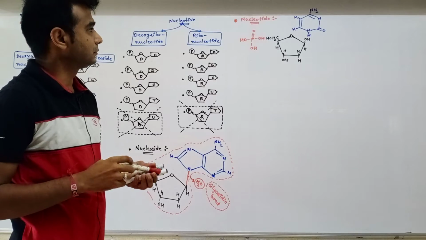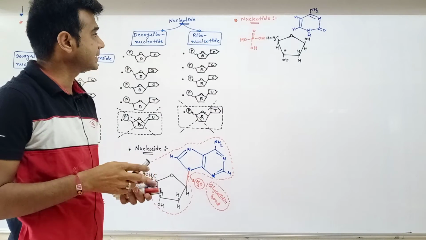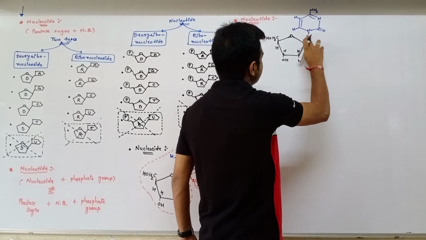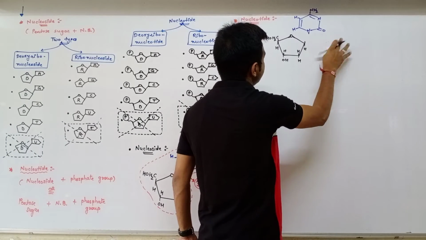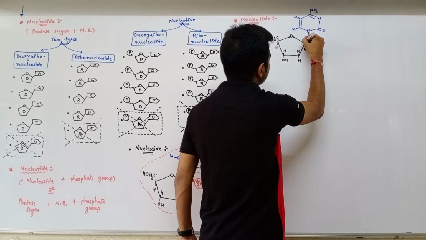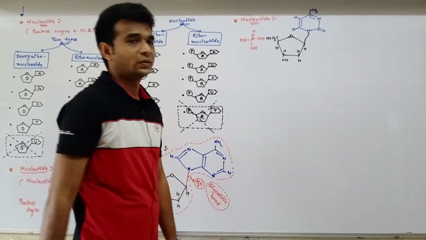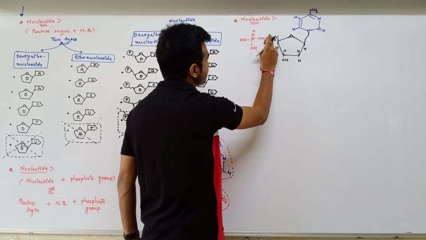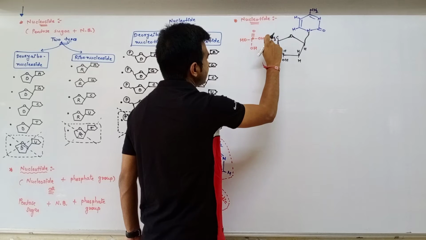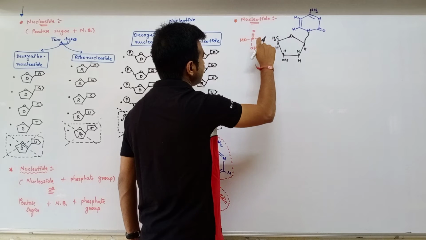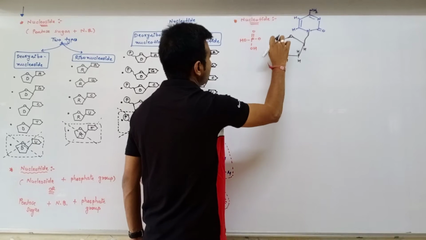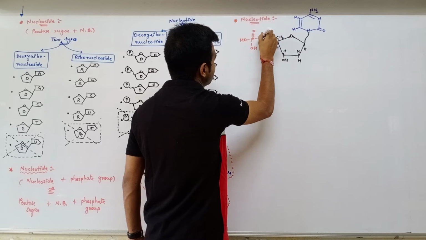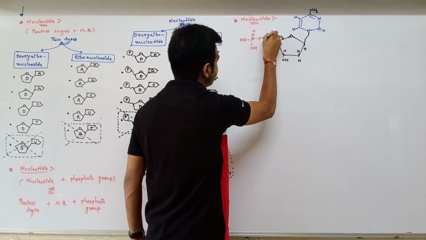Fine. Okay. Now what you understand here, from nitrogen H is released and from carbon OH is released. Here one bond is formed. Fine. And here from CH2OH, OH is released, and from OH H is released. And now here I can change a little bit. CH2 I can write here, but carbon forms the bond with oxygen.